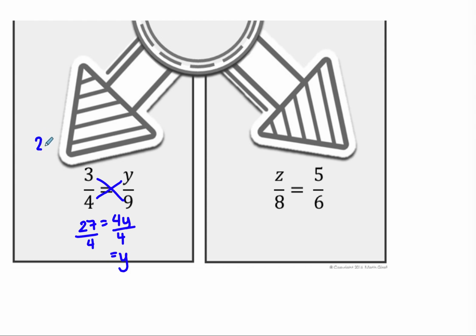Do my division over here. 27 divided by 4. 4 goes into 27 6 times. 4 times 6 is 24. We get a 3. I'm going to make this one a mixed number. 6 and 3/4.